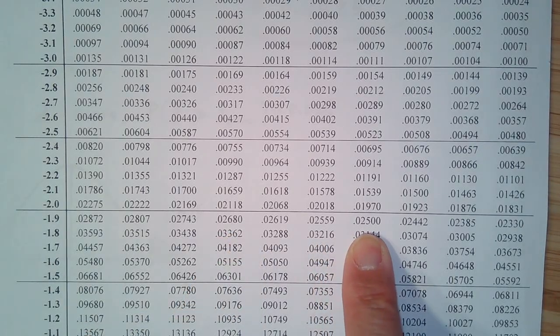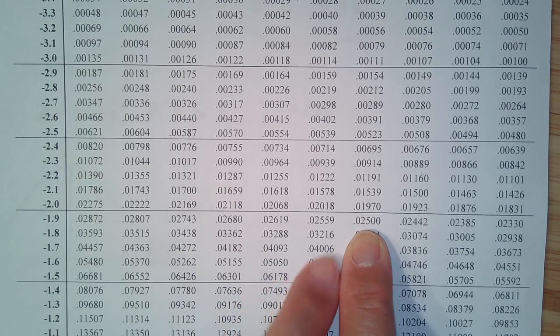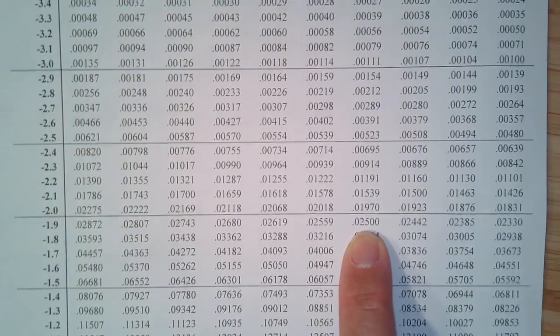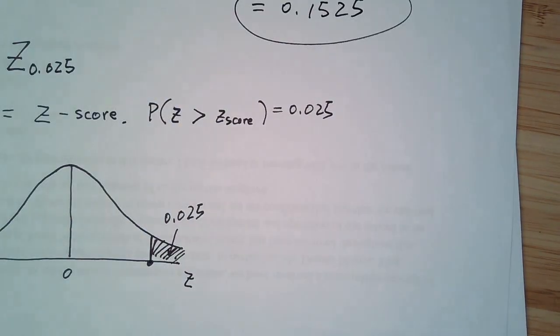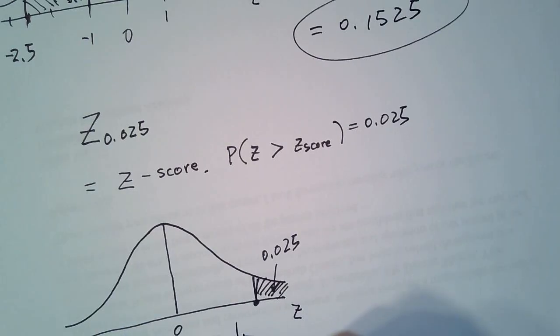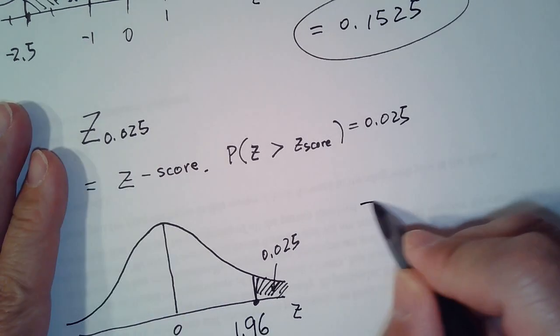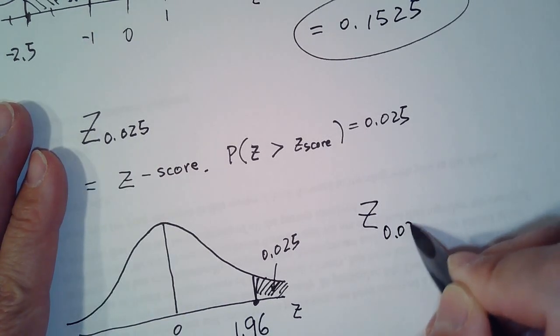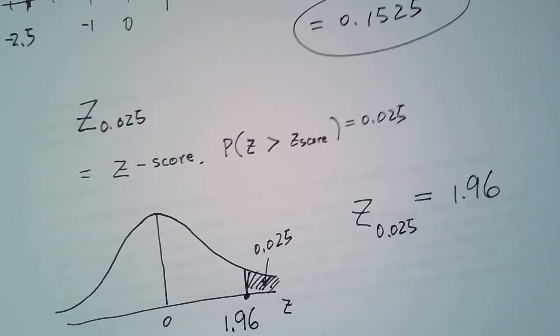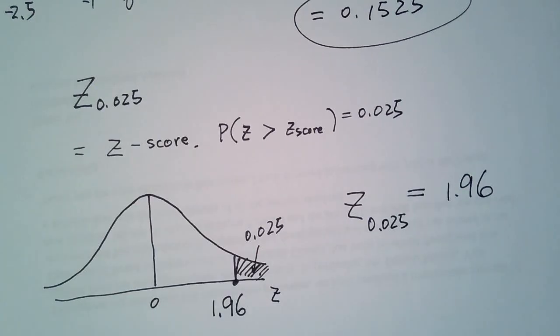Did you see? We find this magic number 0.025. So what is that z-score? Negative 1.96. So here should be negative 1.96. Therefore here will be positive 1.96, which means z sub 0.025 is 1.96. So if I give you the area, then you use the table backwards to find the z-score.